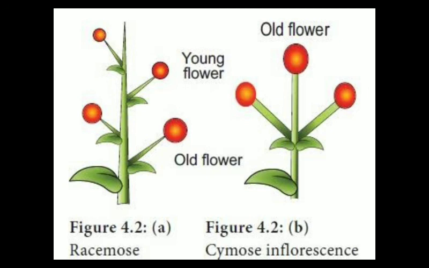In racemose inflorescence, the floral axis is of unlimited growth, but in cymose inflorescence, the floral axis is of limited growth. The tip of the floral axis terminates into a flower. Second difference we can write: in racemose inflorescence, the arrangement of flowers is in acropetal manner, but in cymose inflorescence, the arrangement of flowers is in basipetal manner.